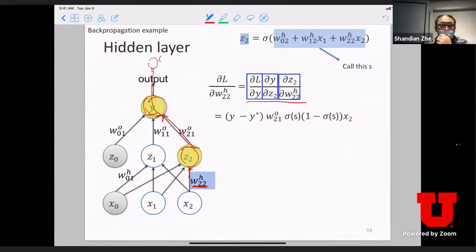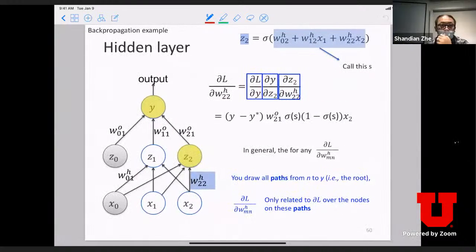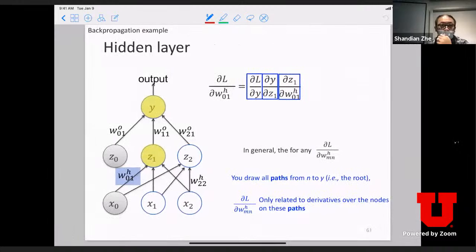For example, Z1 is not on the path, and you can see that the computation has never involved W2H. Okay? And similarly, Z0. We can see another example, like Z1. If you want to compute partial L over partial W01H, how can you do that?